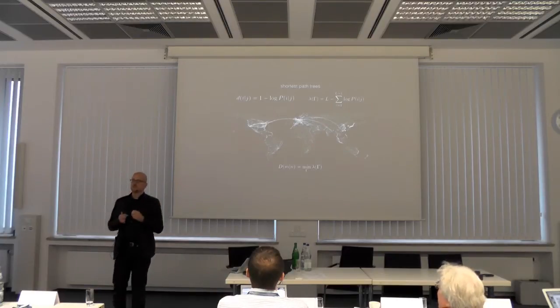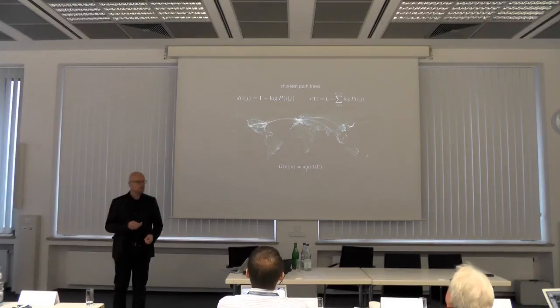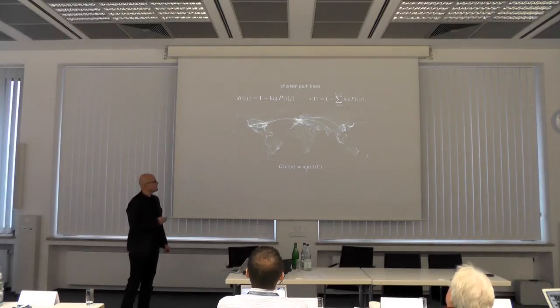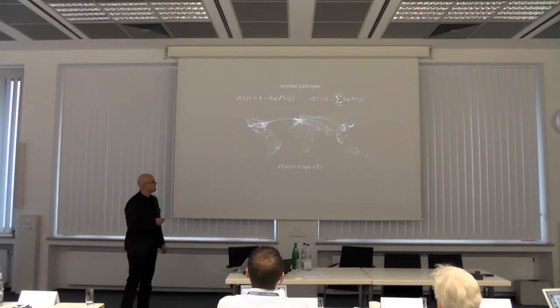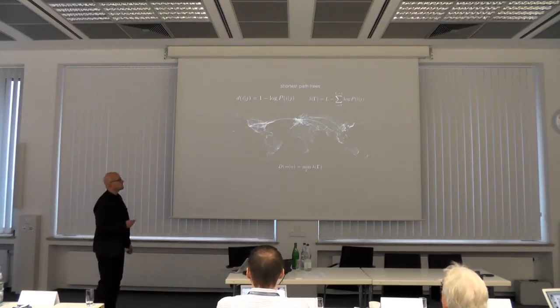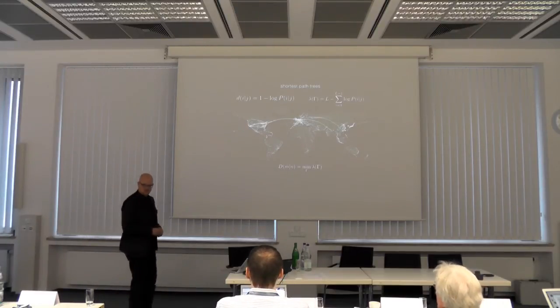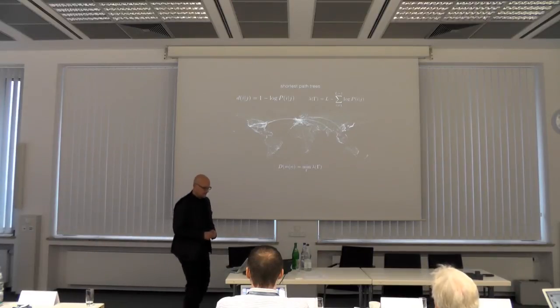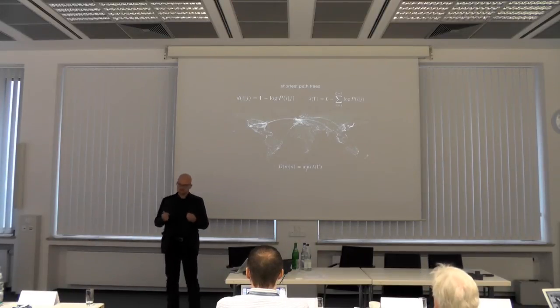Short meaning effectively short. So you place yourself on a node and ask what's the most effective route to another node, and you will probably make a few hops. What you then get is what is called a shortest path tree. And short means effectively short, not geographically close.